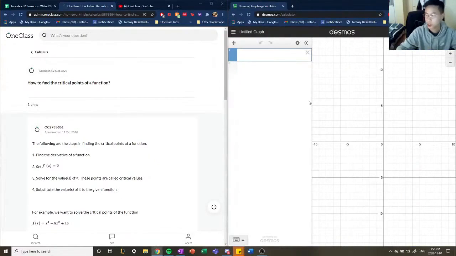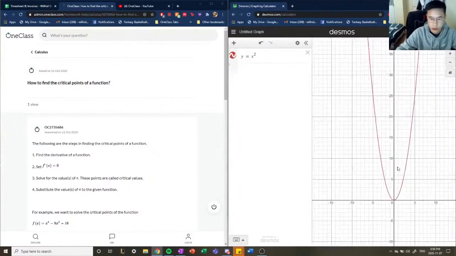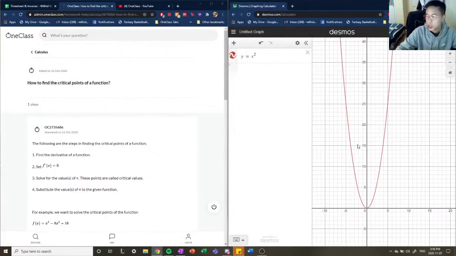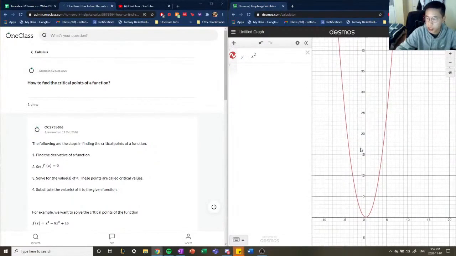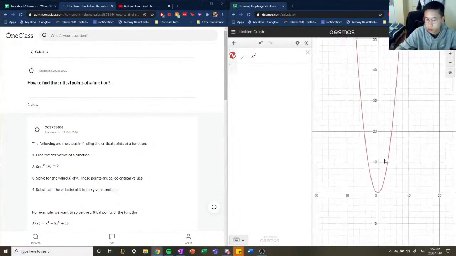If you guys are not aware, mostly every function should have its own derivative, and many continuous functions have a derivative. For example, let's say that our function is y equals x squared, which is a parabola. So it looks like this. Its derivative will tell us the nature and how this function will behave on the real number domain.